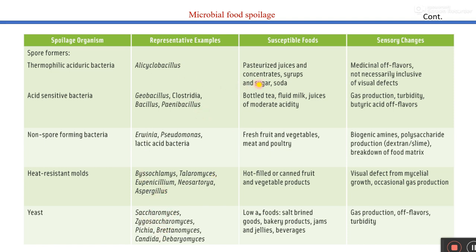So just go through this table and try to learn or keep all these things in your mind, because this table is very important for your competitive examination point of view.